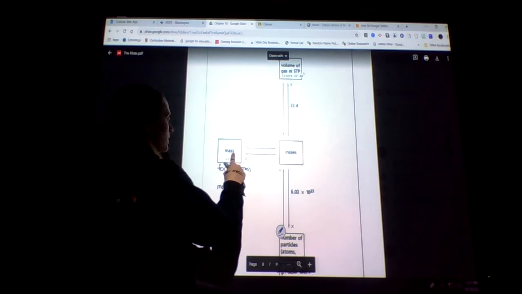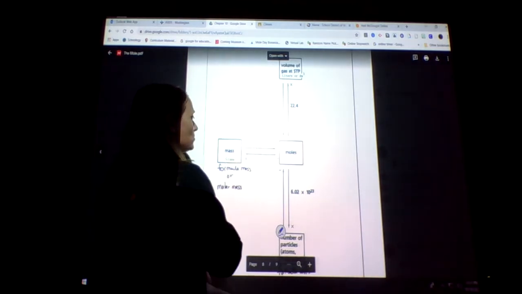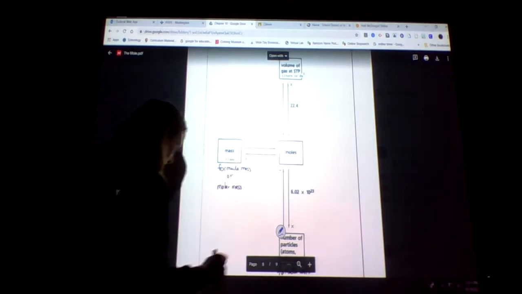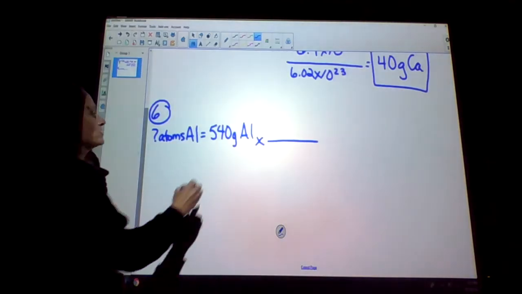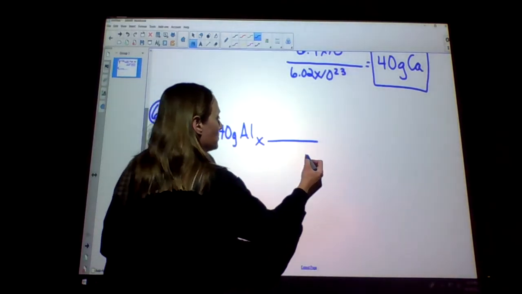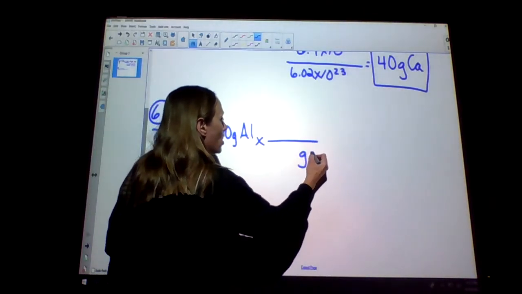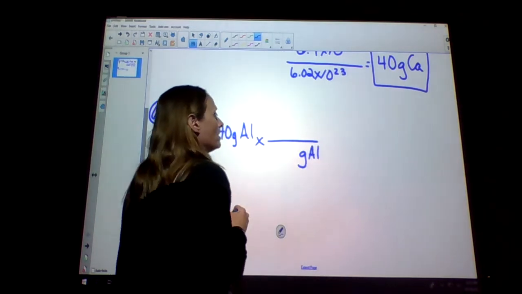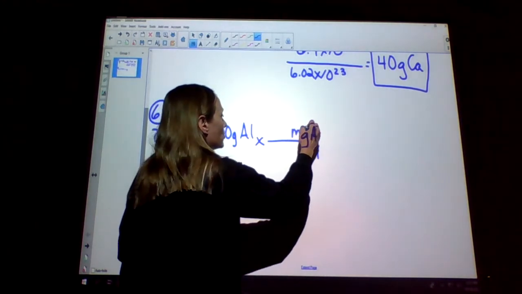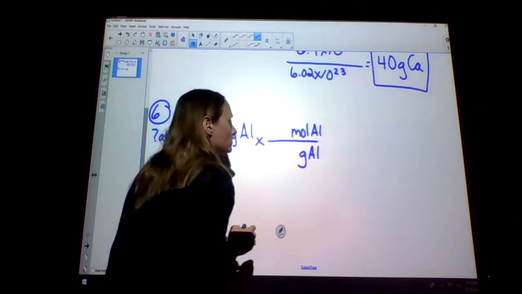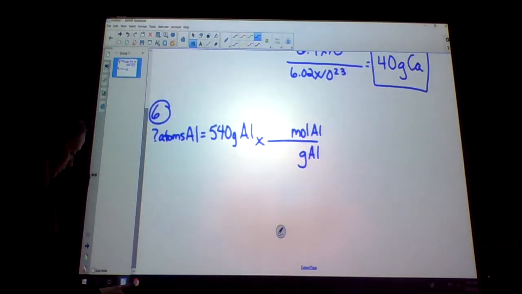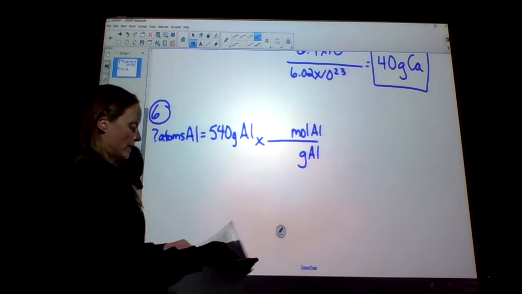So the first thing we're going to do is use our periodic table to find our mass to help us convert over to moles. So if we want grams of aluminum to cancel, remember grams will always go in the bottom. Moles, since that's where we're going to, will go in the top. And it said go to your periodic table.